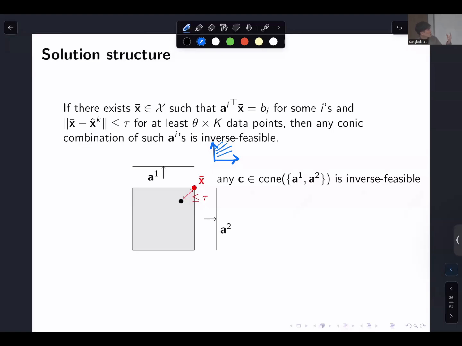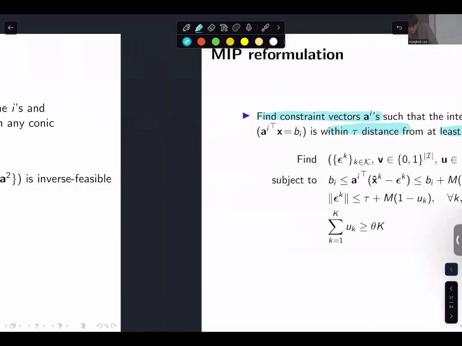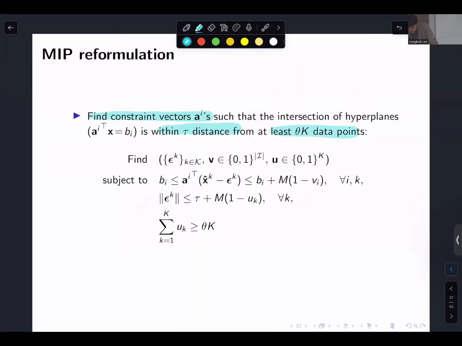And if the distance between the corner point and the data point is within tau, then that basically says that you can just do any conic combination of these chosen two AI vectors. In higher dimension also works. Okay, so the problem is really to find AI vectors such that the intersection of hyperplanes is within tau distance from at least data times k data points. In this case, I only show you one single data point, but we'll have to think about data times k data points, like 80 data points out of 100. So it's all about counting.